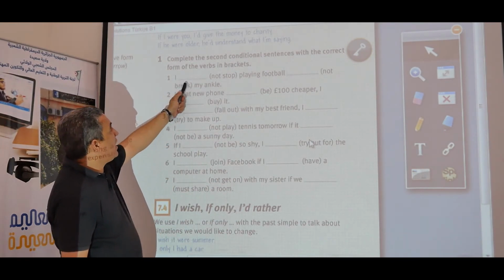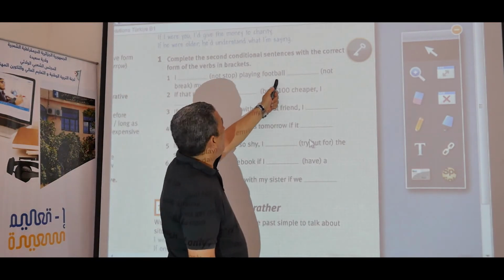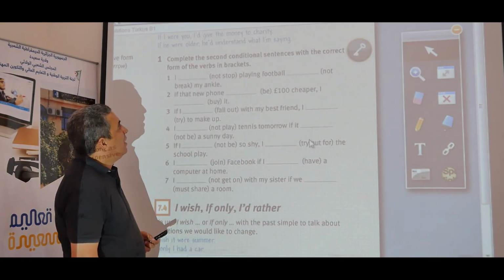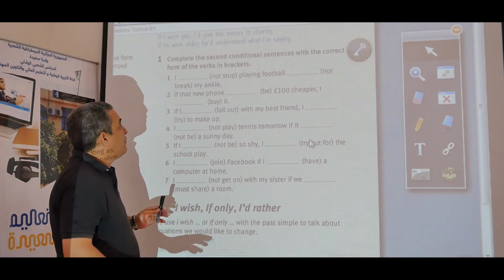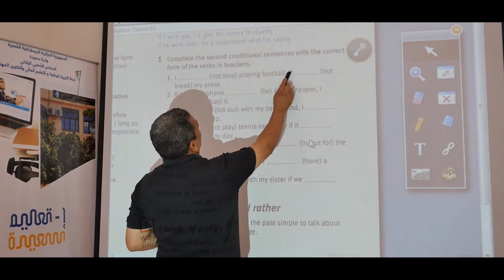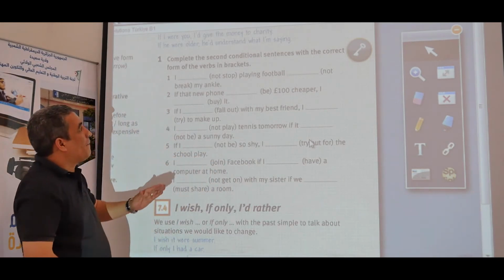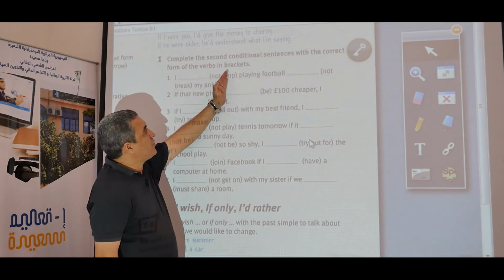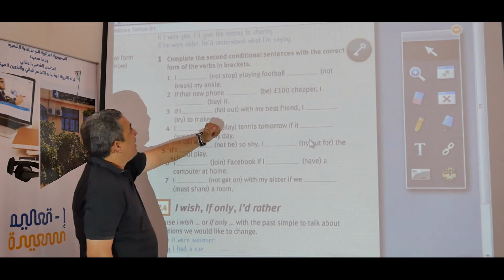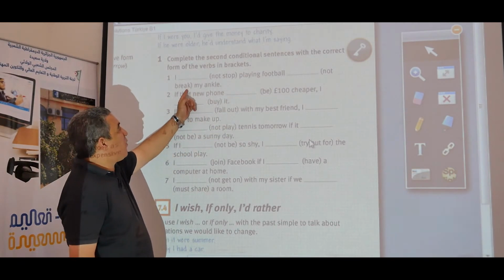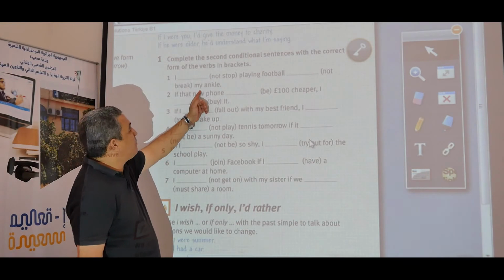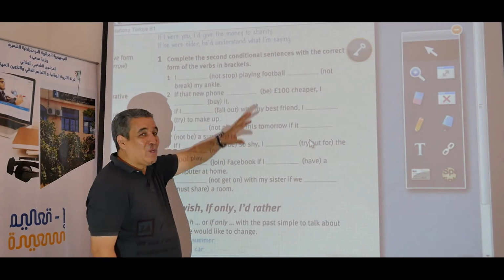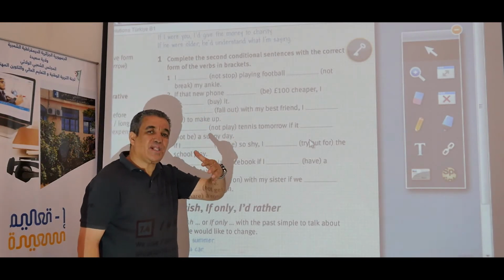Now, we've got: I not stop playing football, not break my ankle. So what do you think with if? Now we can add if here. So, I would not stop playing football if I didn't break my ankle. Now, this is conditional type 2. Sometimes it's better for this sentence to use the third conditional.